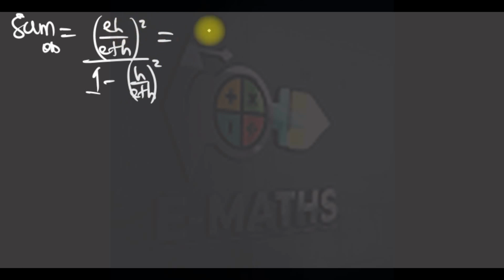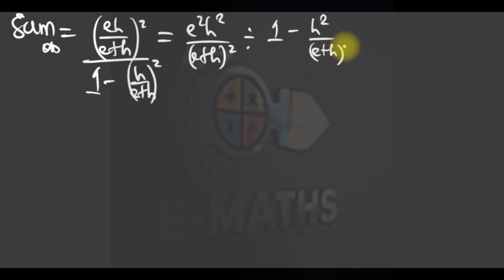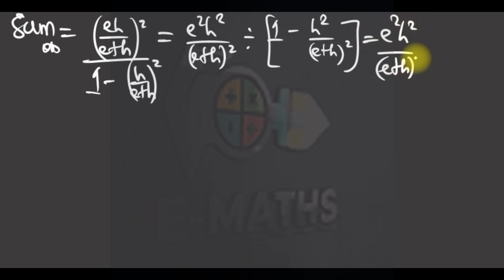So this is equal to e squared h squared over (e plus h) all squared, divided by, this is the LCM, 1 minus h squared over (e plus h) all squared, which is equal to e squared h squared over (e plus h) all squared divided by, the LCM is (e plus h) all squared, this over 1 times that, so (e plus h) all squared minus h squared.